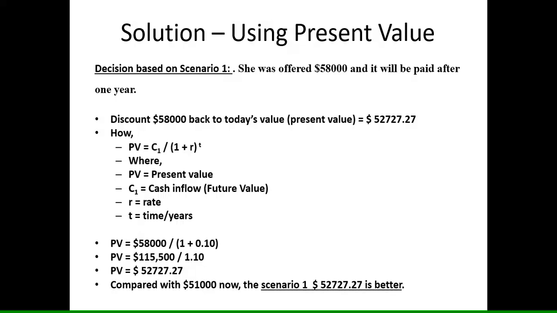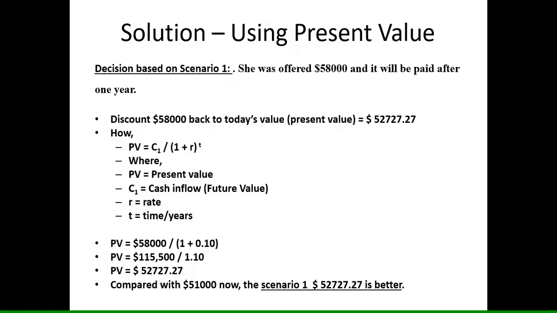So let's compare with scenario 2 now. In scenario 2, she was given an offer of 51,000 and it will be paid today. So if she chooses scenario 2, she will have in her hand now $51,000.